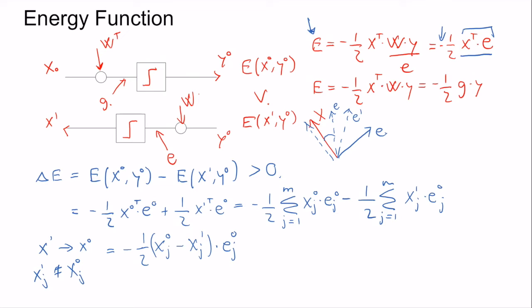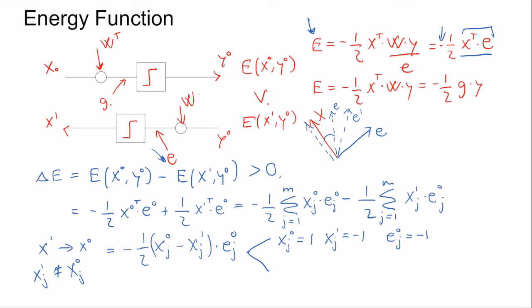Okay, so let's check the two options that we have. So we could have xj0 being equal to 1, and that would mean that xj1 is equal to minus 1, because E has excited x1 to be different. So E has changed the value of x1, and therefore if x0 and x1 just differ in this particular element j, then that means that E0j is also minus 1.